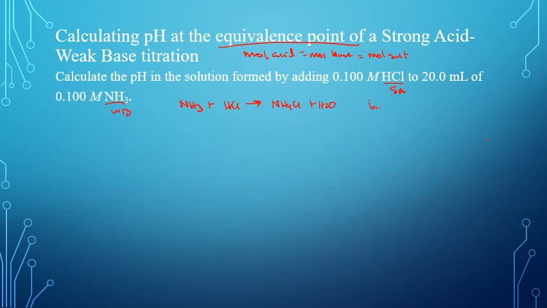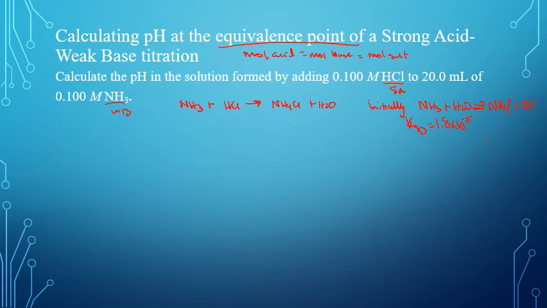So initially, in that solution, I would have the NH3 reacting with the water, forming my salt, NH4 plus, and the OH minus. So as we go through this process, remember you'd have a Kb that would be associated with it. If you looked at Kb up, it's 1.8 times 10 to the negative fifth for that value.